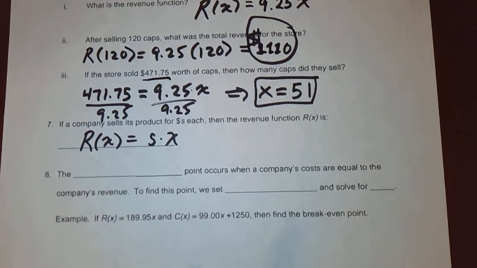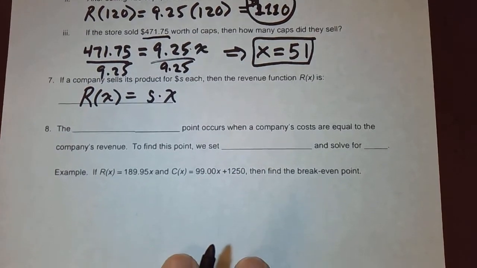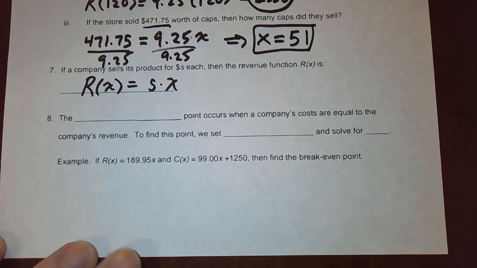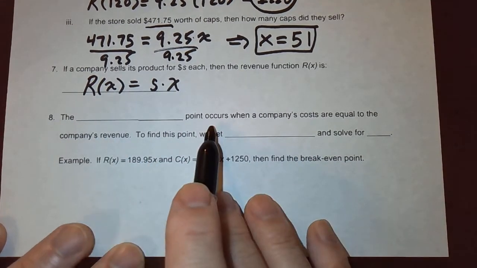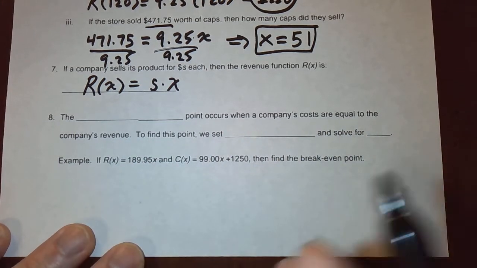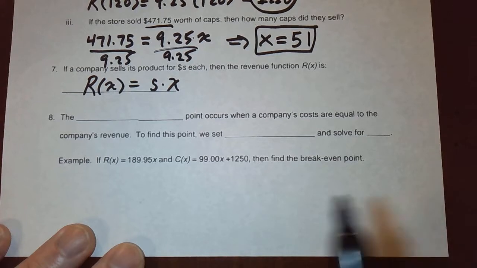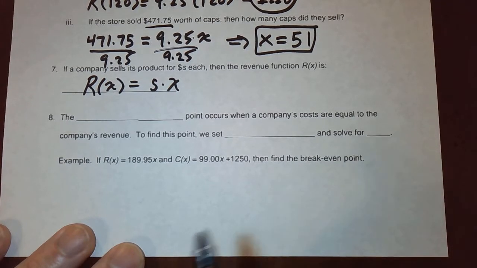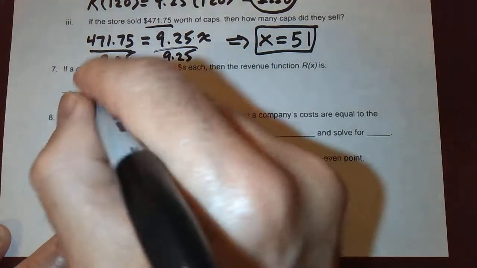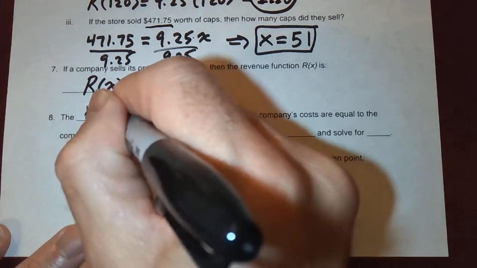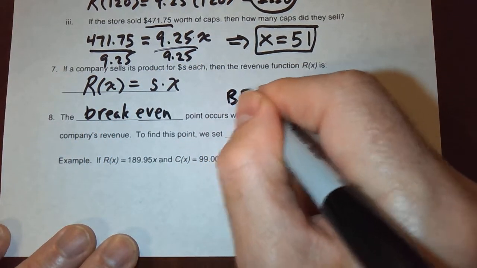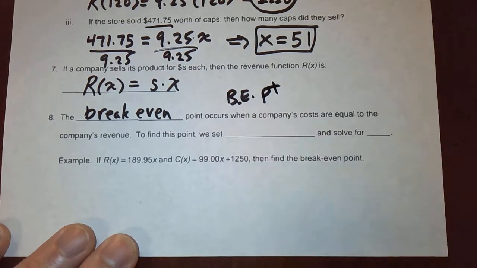All right, let's look at a fairly simple definition. The blank point occurs when a company's costs are equal to the company's revenue. So think of that as I brought in $1,000 in revenue, but it cost me $1,000 to produce everything that I sold. That would be a break-even point. No profit, no loss. I'll sometimes call that a BE point, an abbreviation.